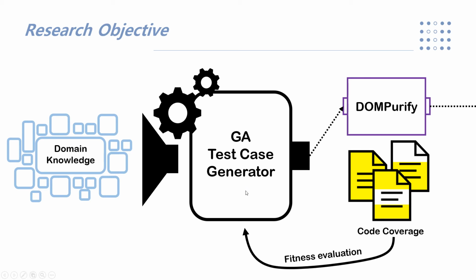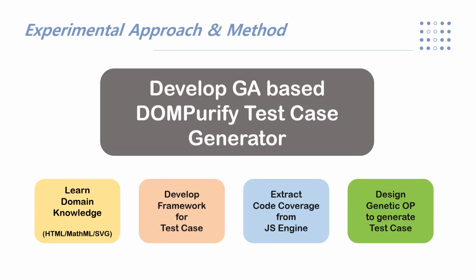Our final research goal is to construct a test case generator for testing DOMPurify based on genetic algorithms. We also expect our research to be adaptable for other HTML sanitizers such as PHlib XSS sanitizer or Naver Lucy XSS filter.